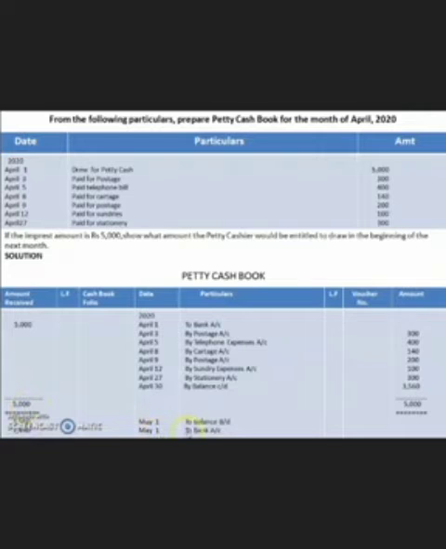That amount you have to write in particulars as to bank account. So to bank account May 1, 1440. How do you receive this cash? 5000. From 5000 there is cash 3560 left in the month of April. So now the head cashier is supposed to pay the petty cashier 1440 rupees only. So this is how you have to show the petty cash book.